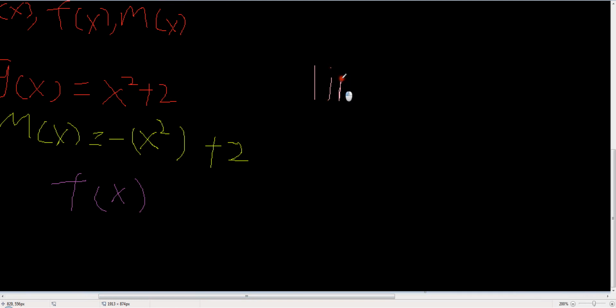So let's say it's asked, what is the limit as x approaches 0 of the function f of x? And we can really see this already. So let's do this over again.